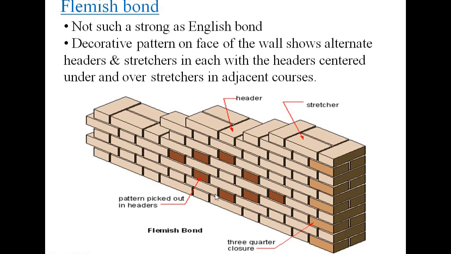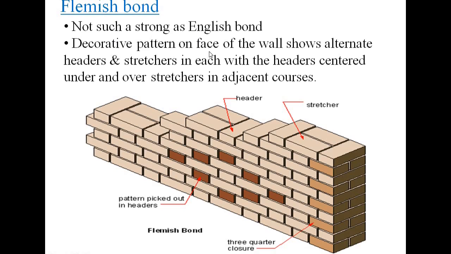What we learned in English bond is that a course had the same face: the stretcher face was in a single course, and another course was of header face. But here, the same course has alternate faces, header and stretcher in the same course. So it is not as strong as an English bond.